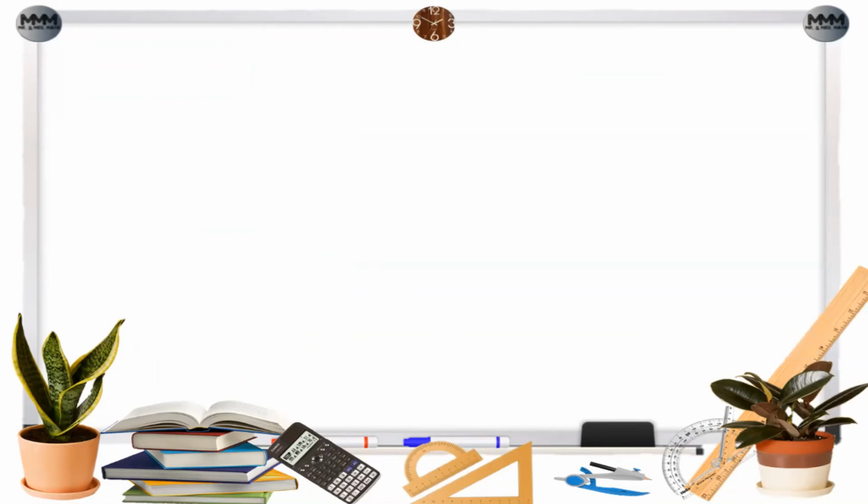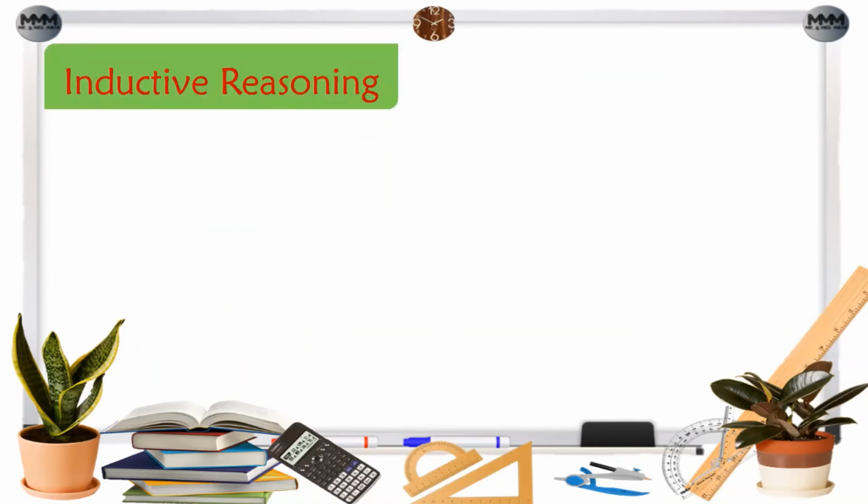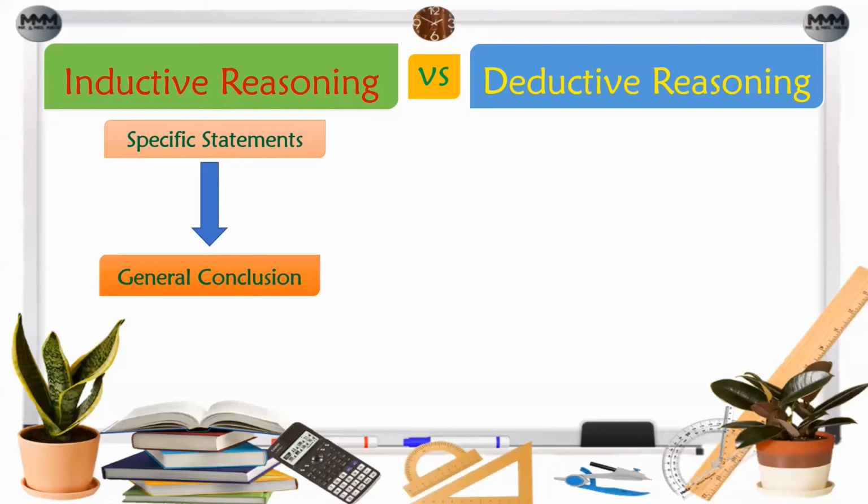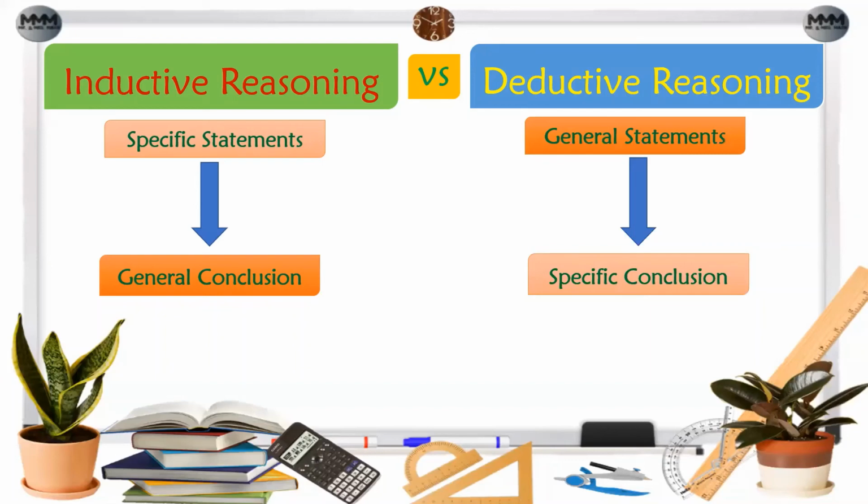Now let us try to compare the two: inductive reasoning versus deductive reasoning. For inductive reasoning, we are basing it from specific statements down to a general conclusion. Whereas for deductive reasoning, we are basing it from general statements down to a specific conclusion. In inductive reasoning, the general conclusion may or may not be realistically true.